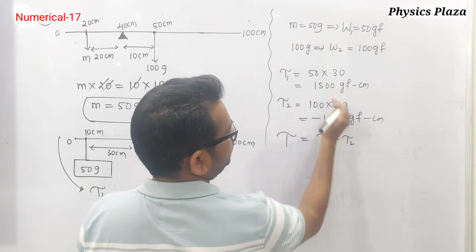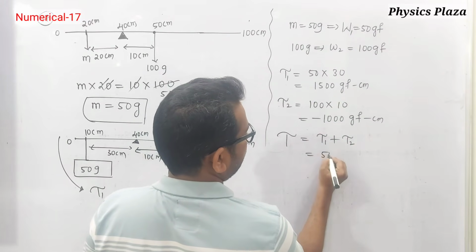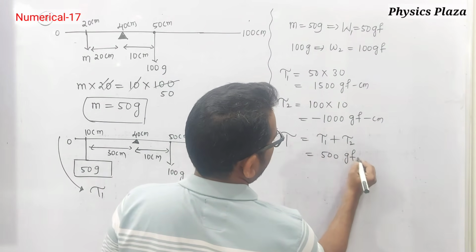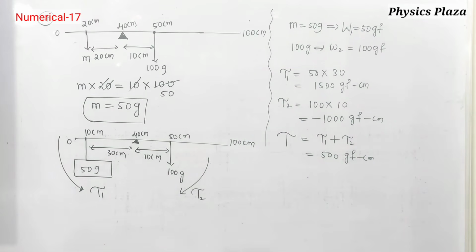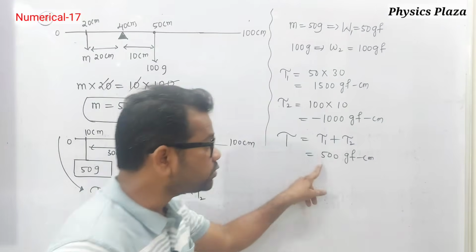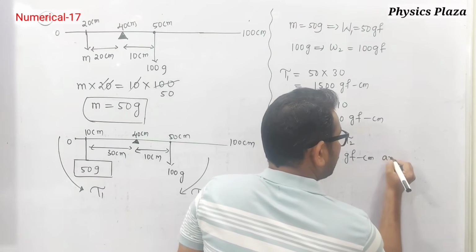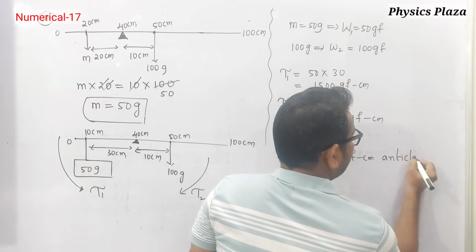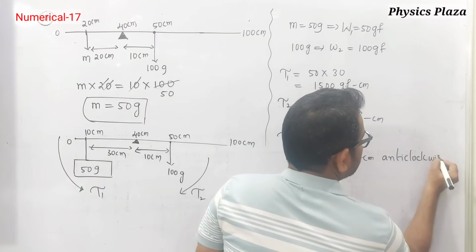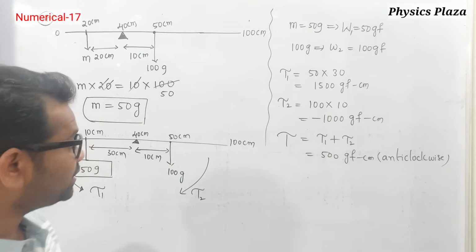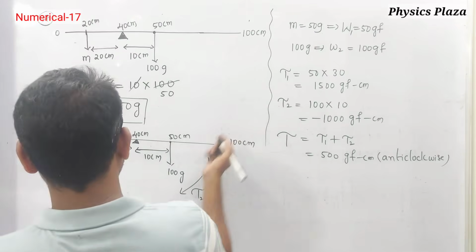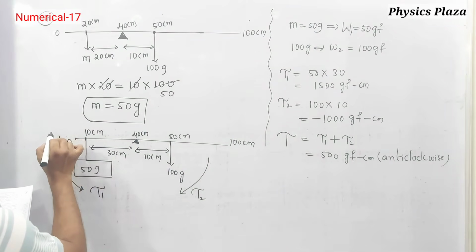This is 1500 minus 1000, so it is going to be 500 gram force centimeters. This is the resultant moment. As we got a positive value, it is anti-clockwise only. Okay, now fine. One more thing: the question is not over yet. Children, this is the third part, if I am not wrong.